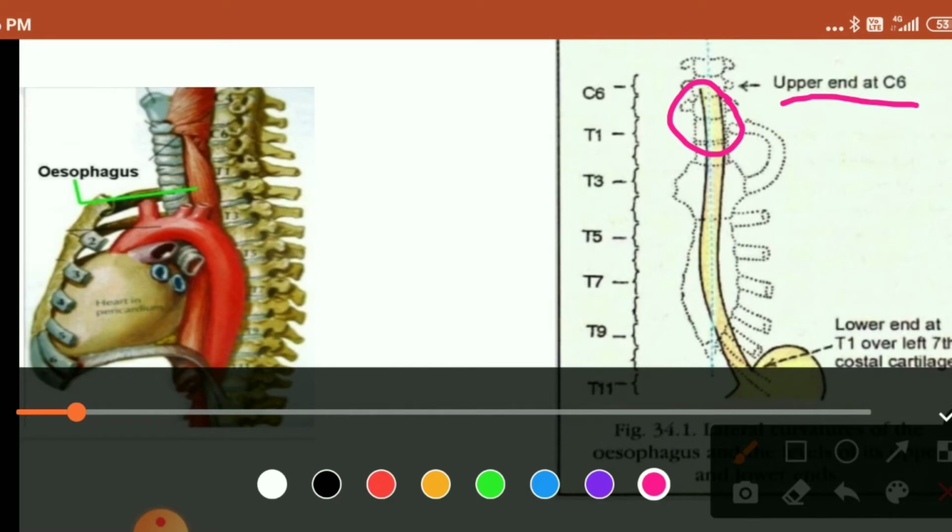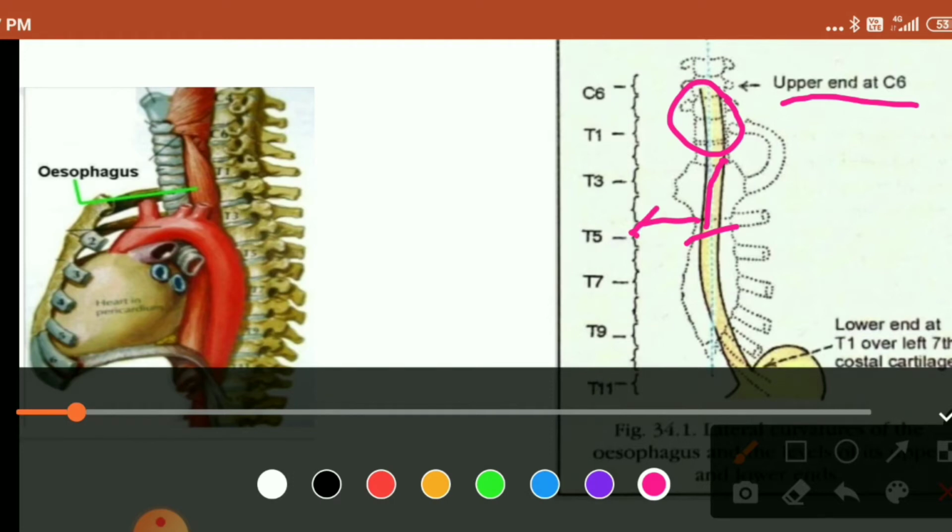Then at the level of suprasternal notch, or at the level of 2nd and 3rd thoracic vertebra, it will enter into the thoracic cavity, and then it will move in a pretty straight manner. Then at the level of 5th thoracic vertebra, you can see that it will slightly move to the right side.